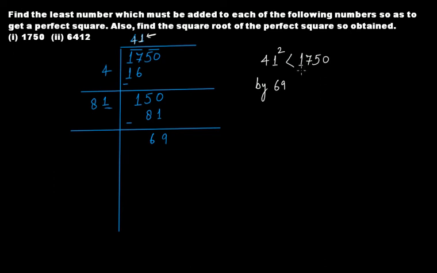So think that 41 squared is less than 1750 by this much, but if we take 42 squared, that means if you multiply here 2 and then put 2 here, in that case this will exceed, right? And that is why we didn't take 2 here. It means 1750 will be less than 42 squared, and here we get the answer.